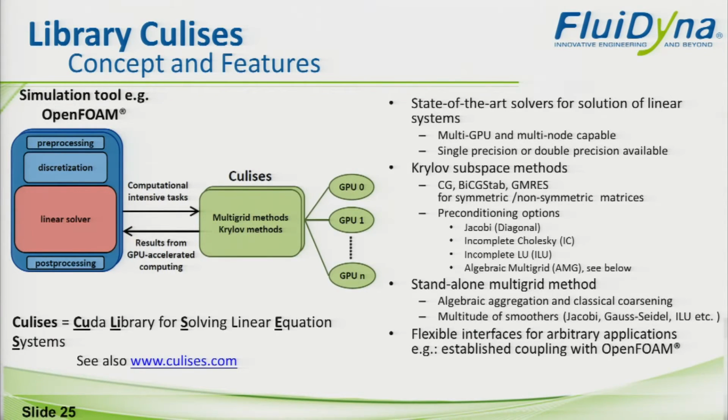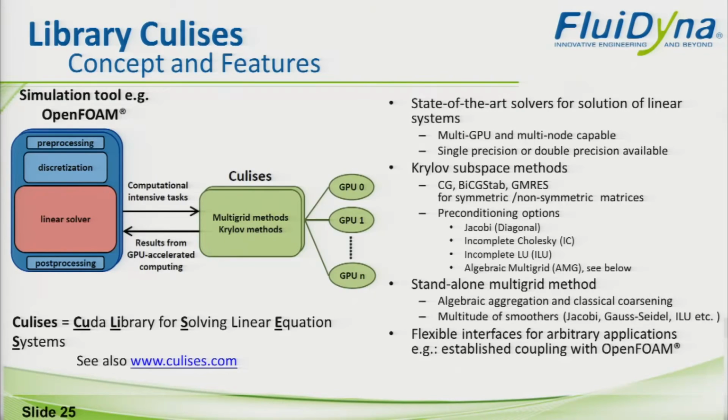Culises is a state-of-the-art library built upon the AmgX libraries developed by NVIDIA that are optimized for GPUs. Culises offers you multi-GPU support on multiple nodes, so you can run your calculations on several machines, each with more than one GPU, in both single precision and double precision mode.